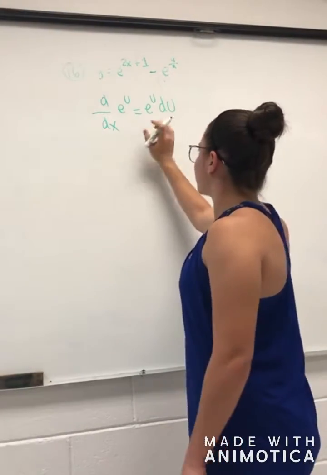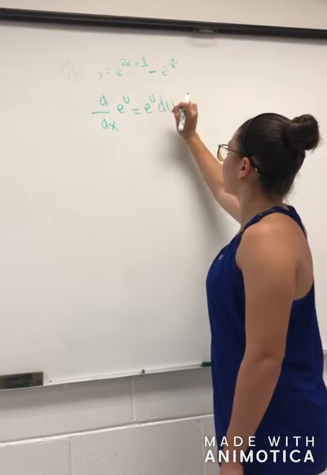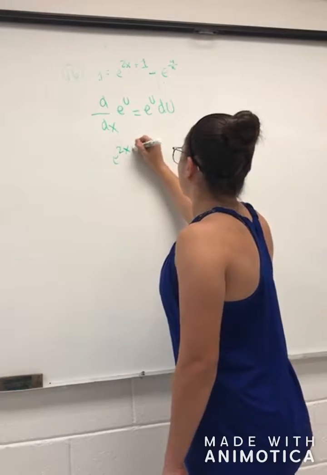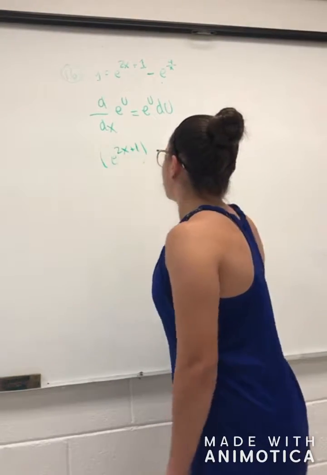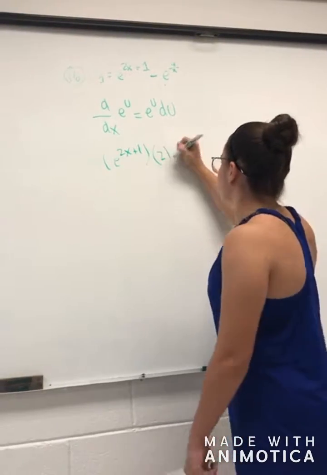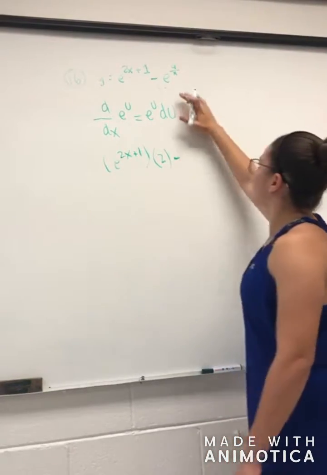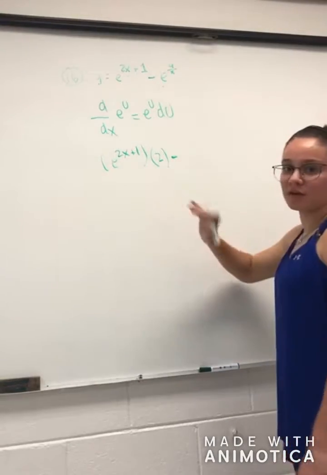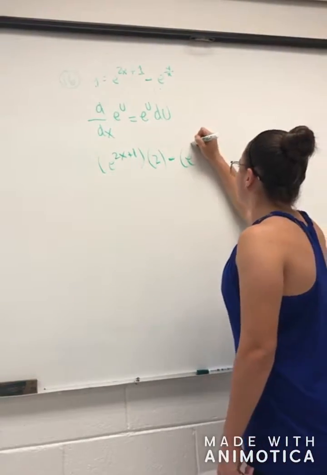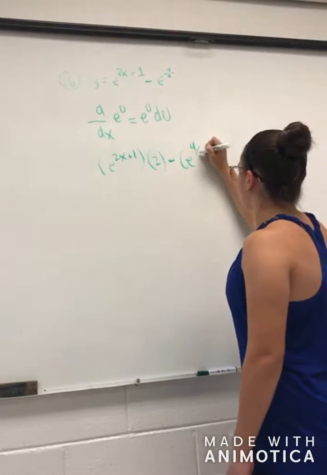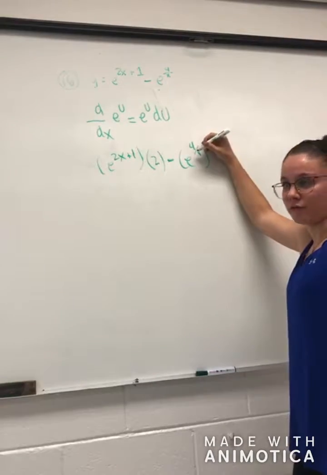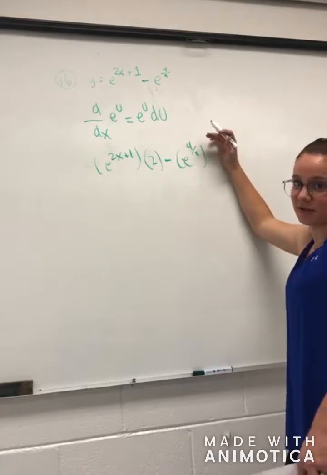So the formula says that e to the power of u is this, but we need to derive the u, so that is 2 minus, and we repeat the same thing, that is e to the power of 4 over x, and we need to derive this, that is the u.